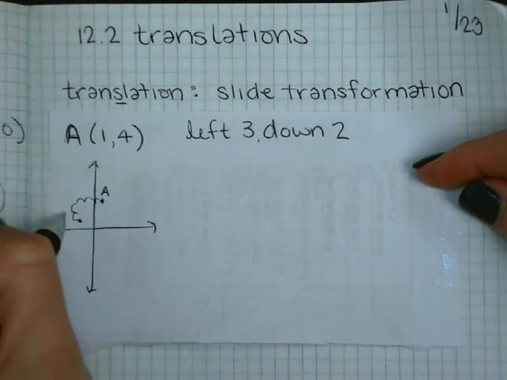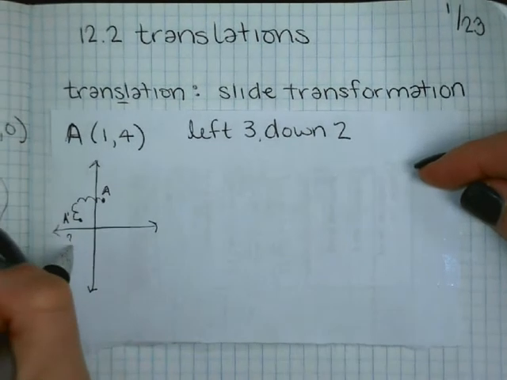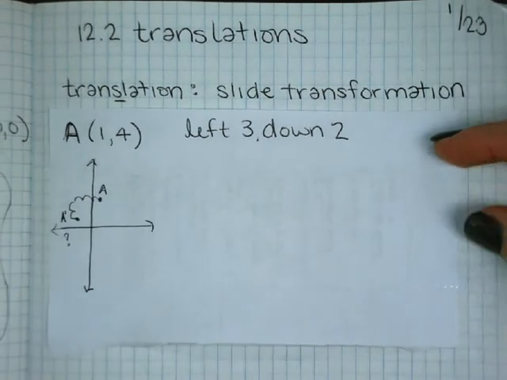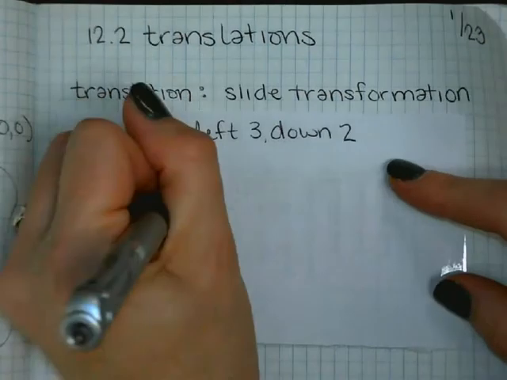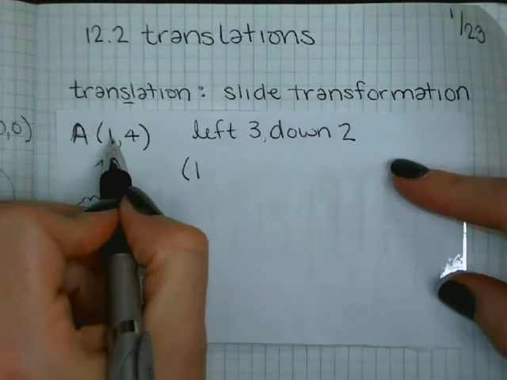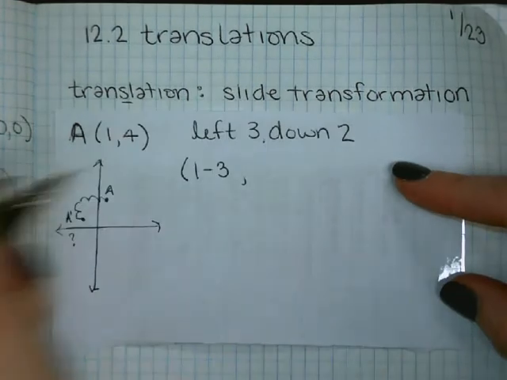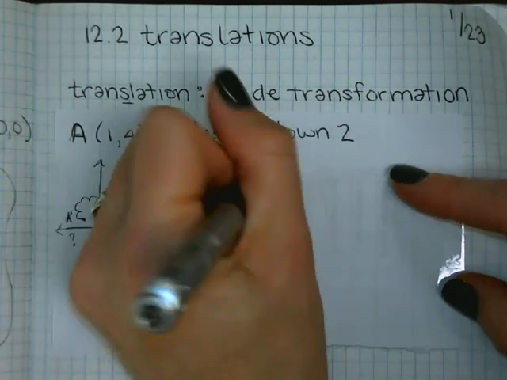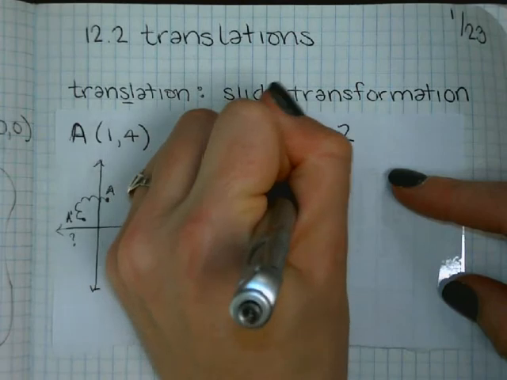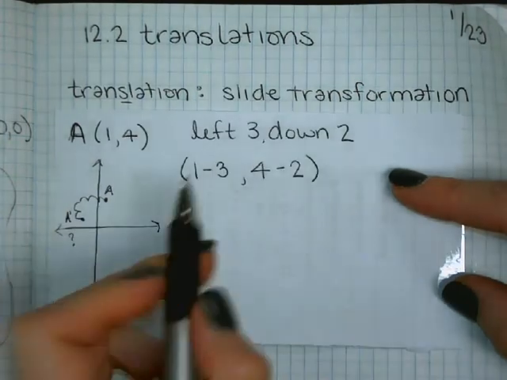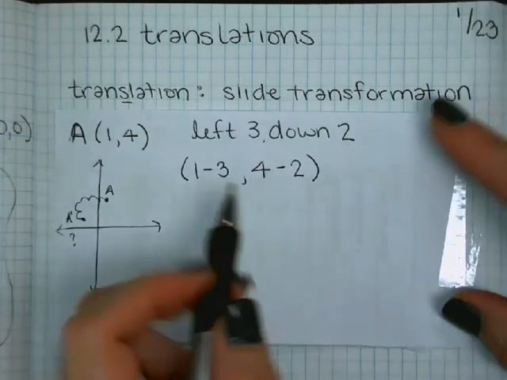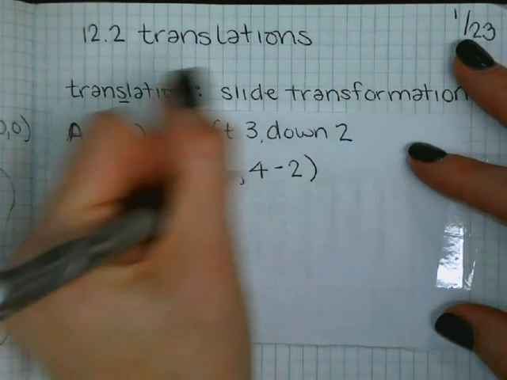And then what's my image now located at? So if I take my x-coordinate, to the left means I'm going to subtract 3, and I take my y-coordinate, I'm going to subtract 2. Then doing this algebra should give me my new image.